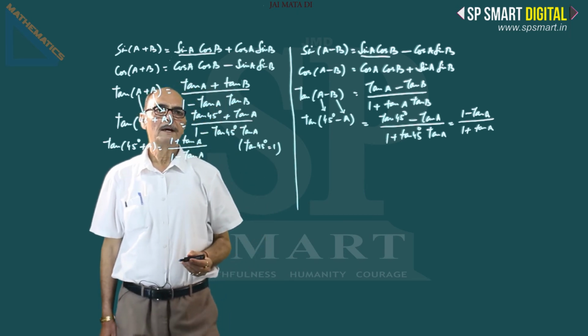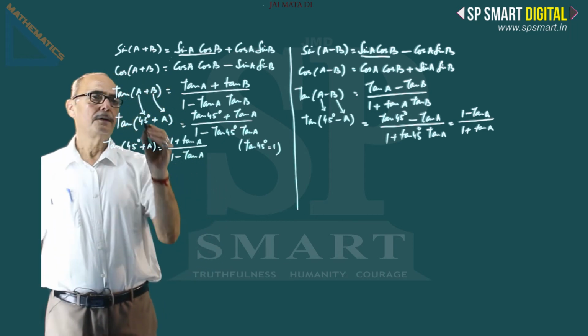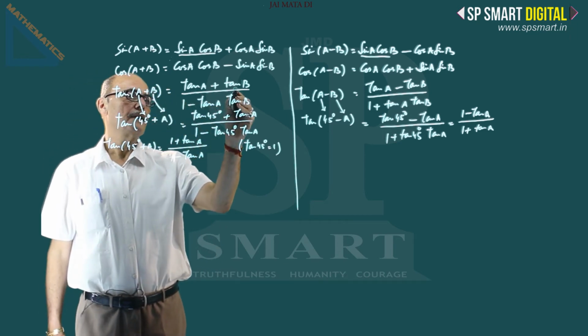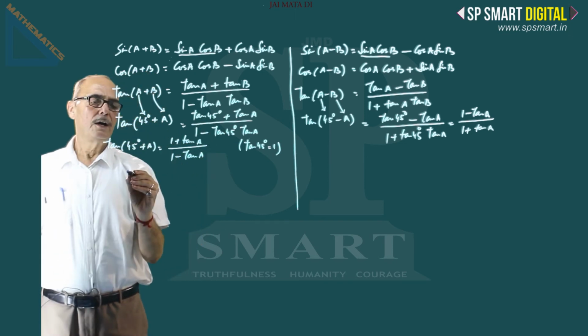Now, this formula, tan of A plus B is tan A plus tan B over 1 minus tan A tan B, can otherwise be proved.